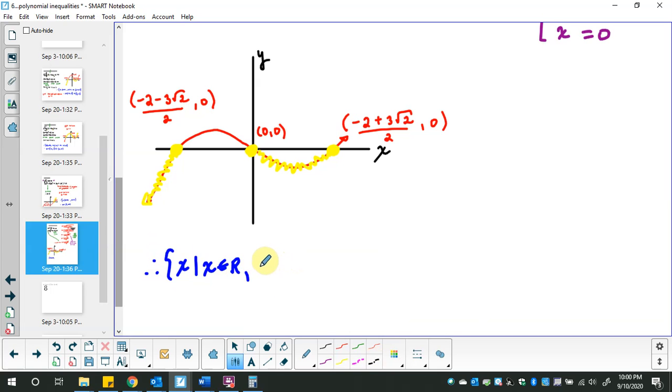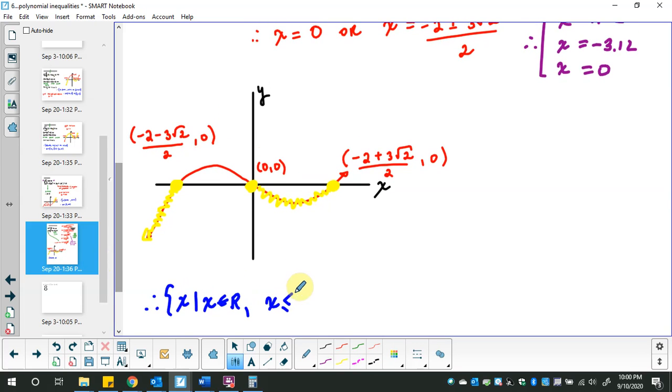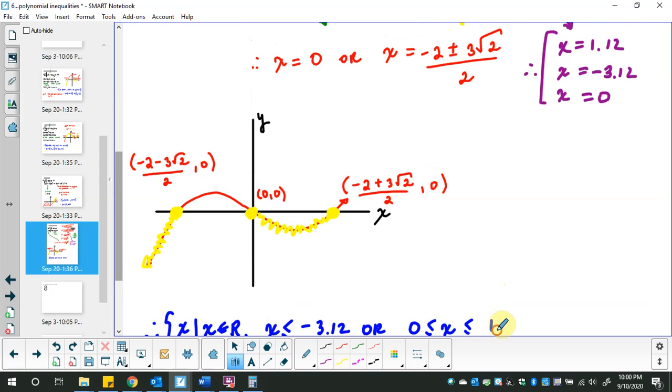So I have colored less than or equal to negative 3.12. How's that for happiness? And then I have colored from 0, so greater than 0, bigger than 0, but less than or equal to 1.12.